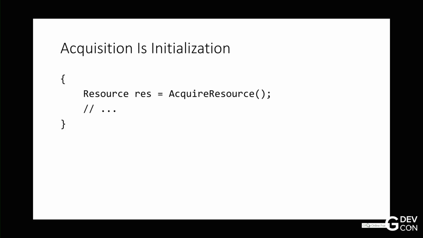The basic idea is that when you perform some operation that's going to require a resource, like opening a file or whatever, you call a function and then you assign or bind the result of that function to some variable. So that's the acquisition as initialization part. You're acquiring something and then initializing something at the same time.